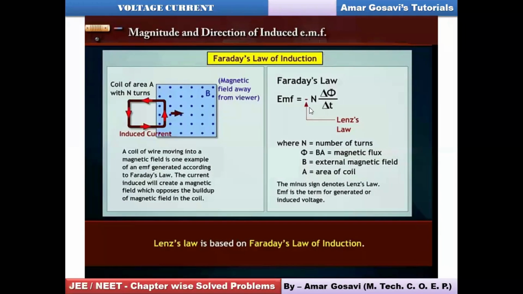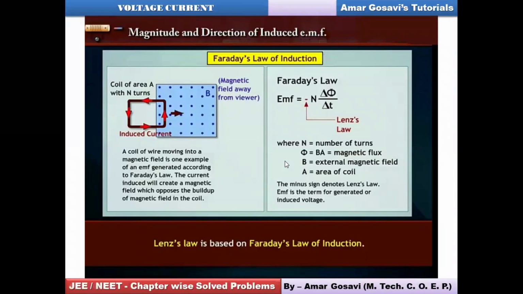Now here in this equation, capital N represents the number of turns, and phi is the magnetic flux. The magnetic flux will be B into A, where B is the external magnetic field and A is the area of the coil. This is the discussion which we are going to extend further to solve basic problems on this concept.